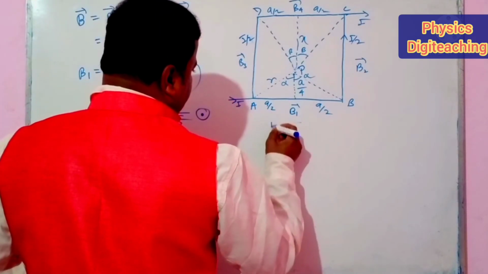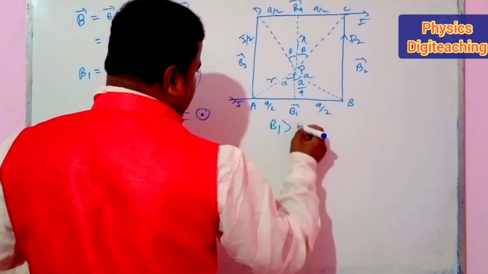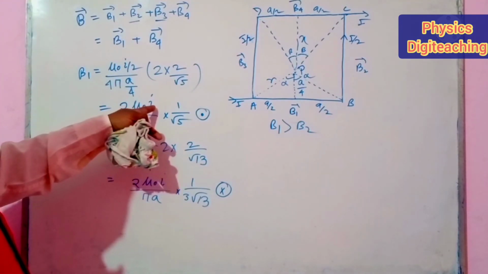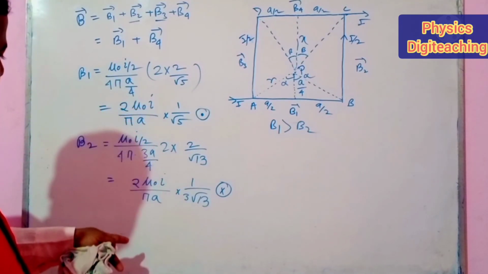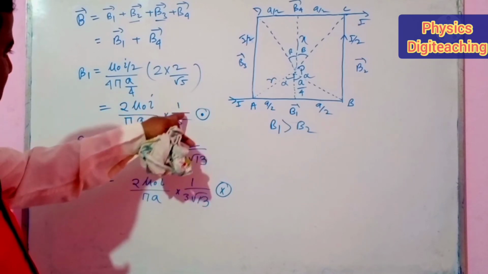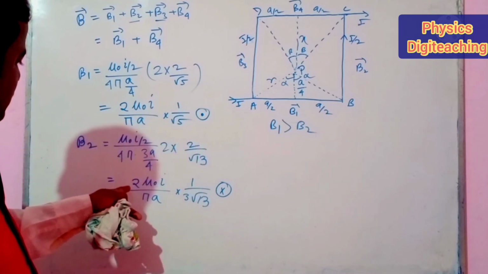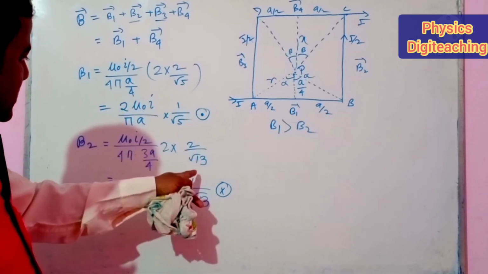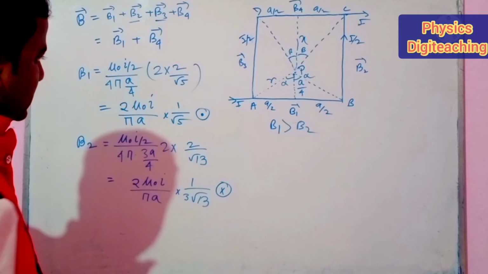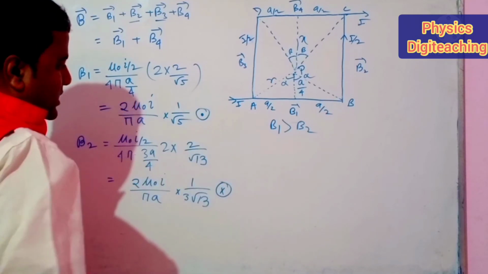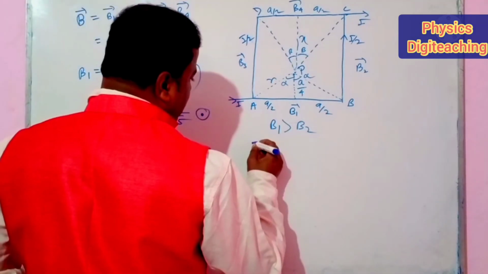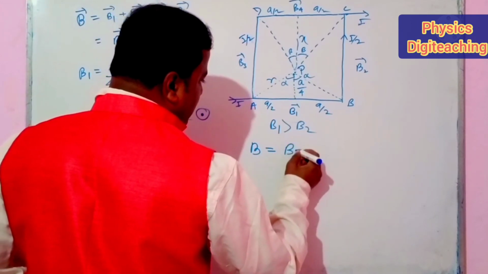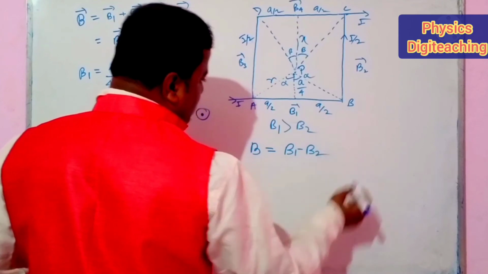And we see that B1 is greater than B4. Here B1 is 2 mu naught I upon pi a into 1 by root 5, and B4 is 2 mu naught I upon pi a into 1 upon 3 root 13, therefore obviously B1 is greater than B4. Then net field B equals B1 minus B4.